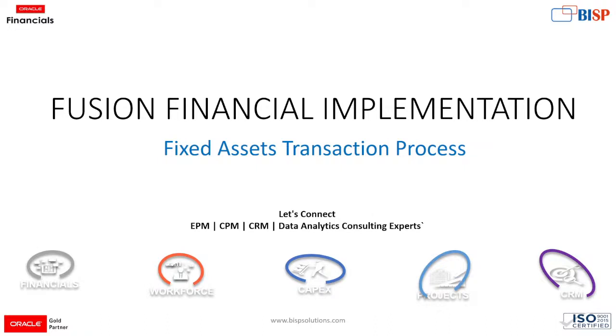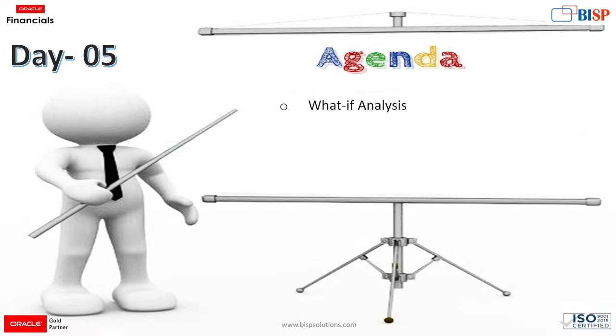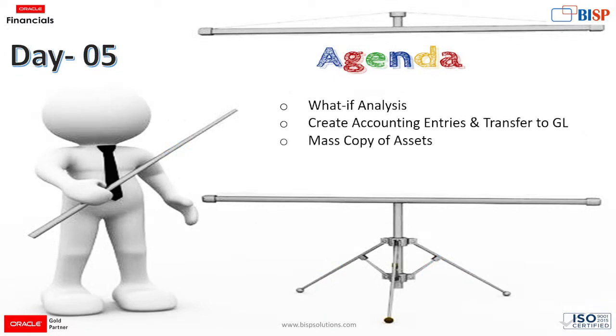Today's webinar is about transactions related to fixed assets. In this series of webinars, this is day 5. So let us move to today's agenda. In day 5, the first agenda is what if analysis.